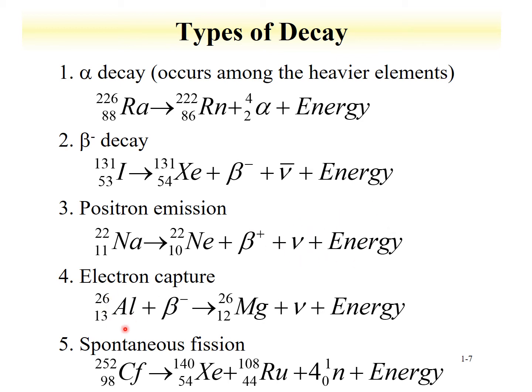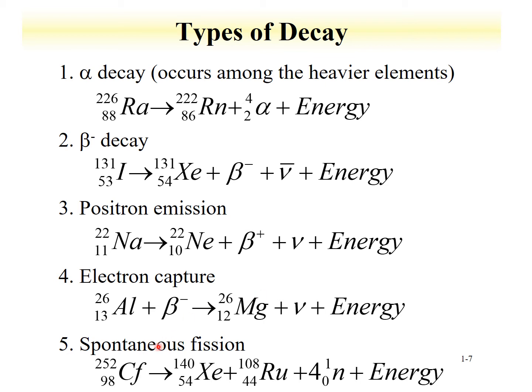Electron capture, where an isotope will capture one of its orbital electrons. It will use that to convert a proton into a neutron, so it moves down the periodic table, and gives off a neutrino and energy. And then a final type of decay is spontaneous fission, where an isotope will spontaneously break into two components.